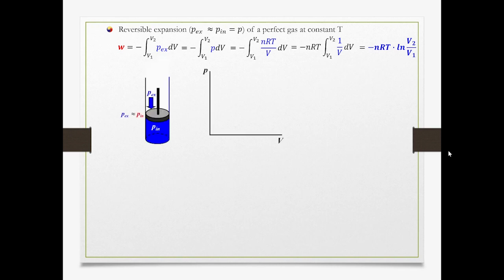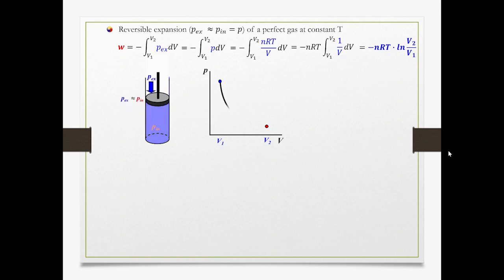Here is an illustration that shows the reversible expansion of a cylindrical chamber. The blue dot on the PV plot represents the initial state of the system, and the red dot represents the final state of the isothermal reversible expansion. Every step in the expansion is in mechanical equilibrium.